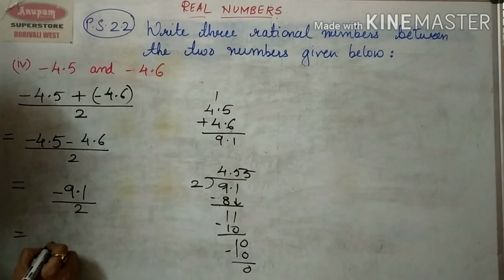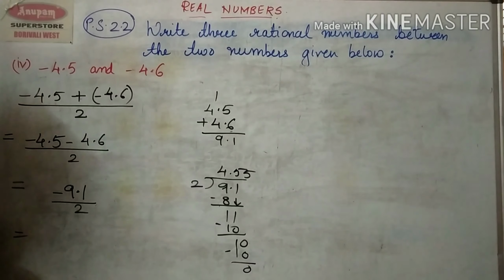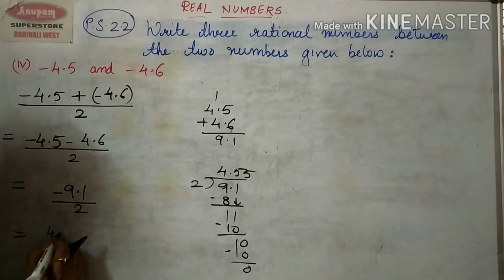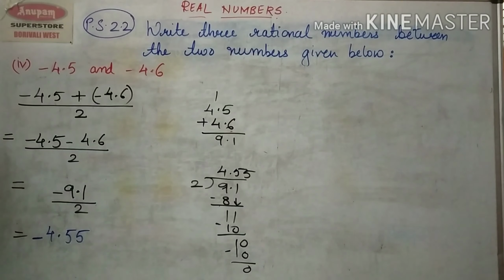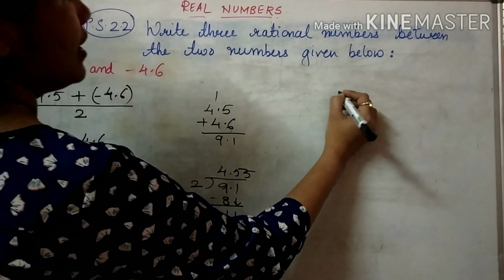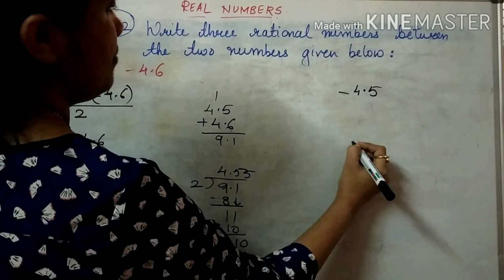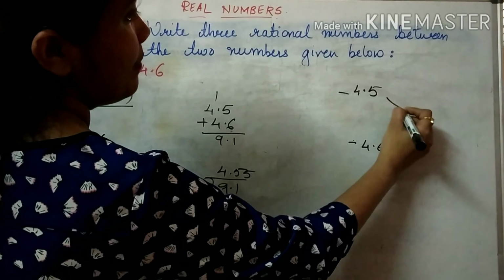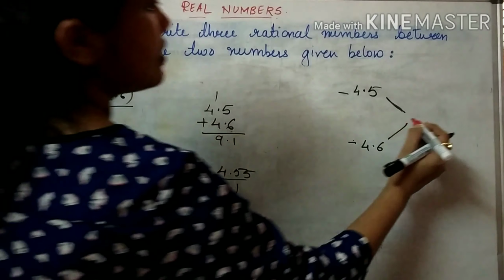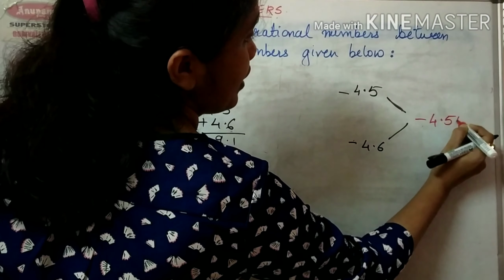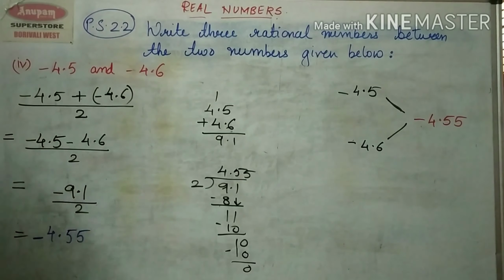So the answer will be 4.55, but along with a negative sign. So if I look again at this, I can write down minus 4.5 and minus 4.6. A number which is lying exactly between these two numbers is minus 4.55. This is a number which is lying exactly in between.